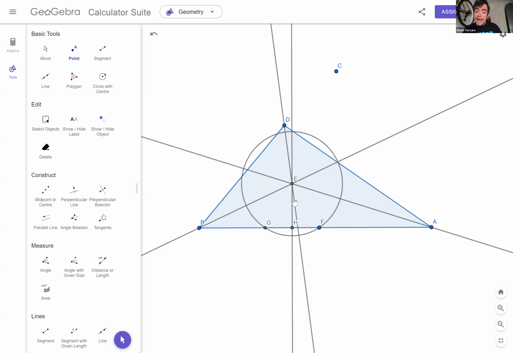So this line EH is the shortest distance from E to the edge AB.